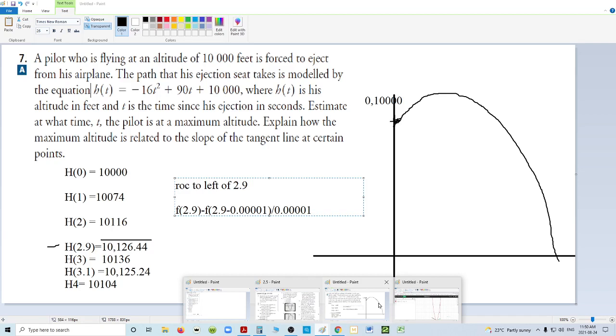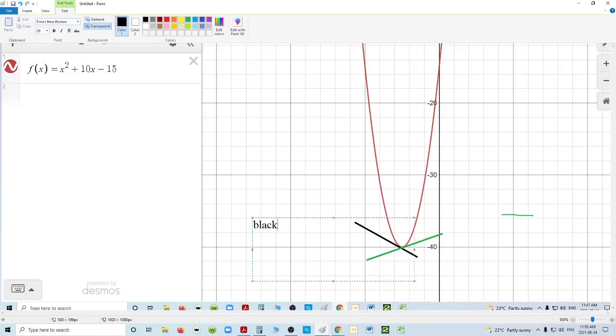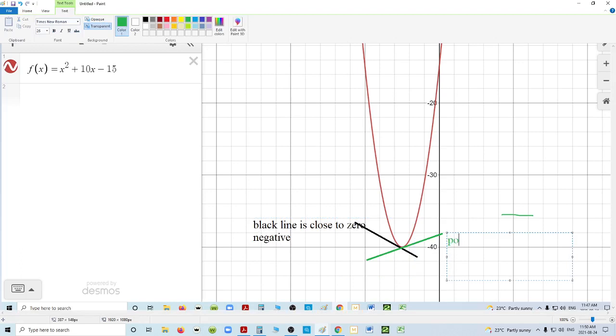Let's see, where was I? Which proves that the black line is close to 0 and is indeed negative, and our green line is indeed positive and close to 0.